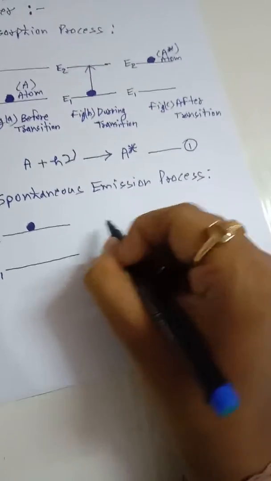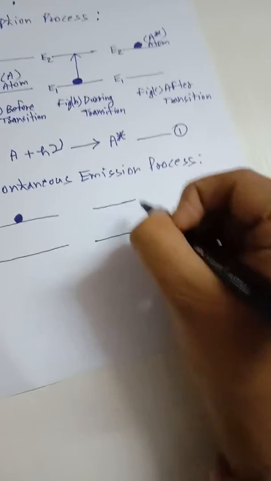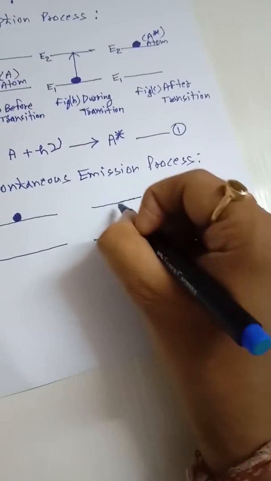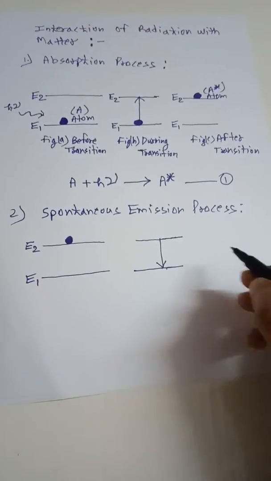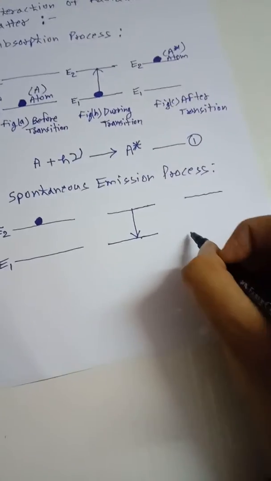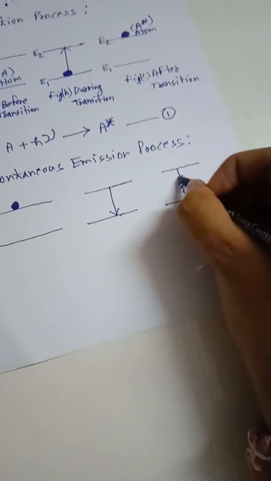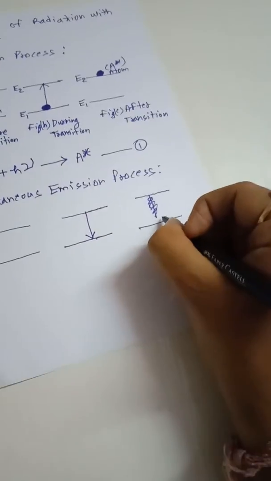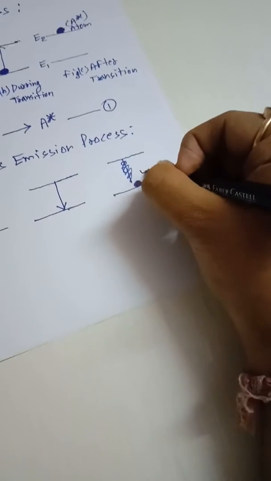After some time, what will happen? The atom will complete its lifetime and make a transition to the ground state. After some time the atom comes to the ground state with the emission of radiation, that is, photons are emitted.